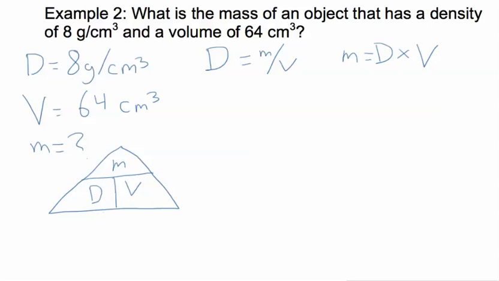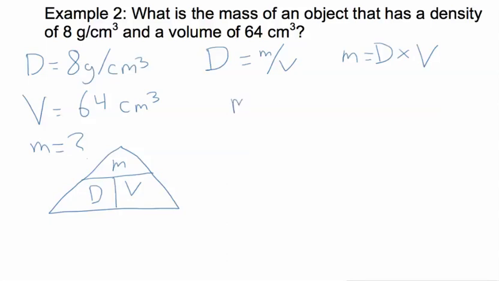So now when we use this, you can put your finger over whatever variable you're solving for and you can see your equation. If we had our finger over density, we'd see M over V. If we had our finger over mass, we'd see D next to V, which is times, and volume is M over D.